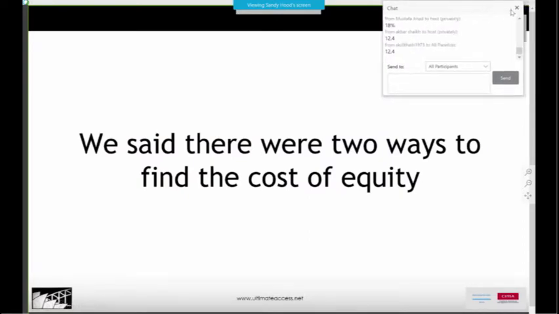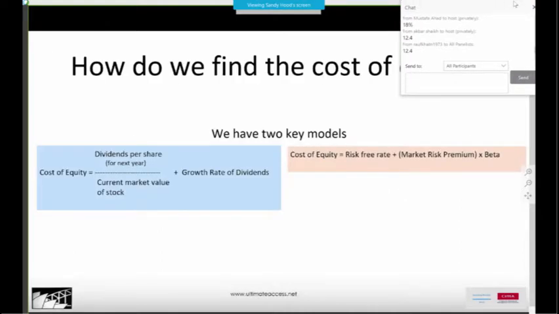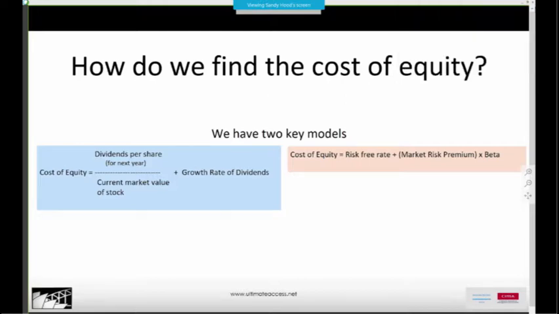So we said that there were two ways to find the cost of equity. Oh, well done, Ralph Catherine, 1973, yeah. And that's absolutely right. We had the cost of equity calculated using a dividend valuation model, and the one that we've just done was the cost of equity calculated using a capital asset pricing model.